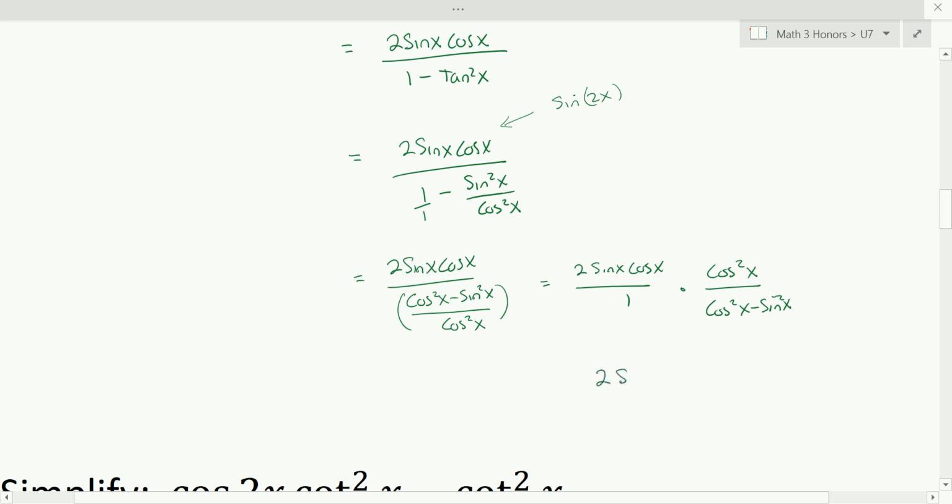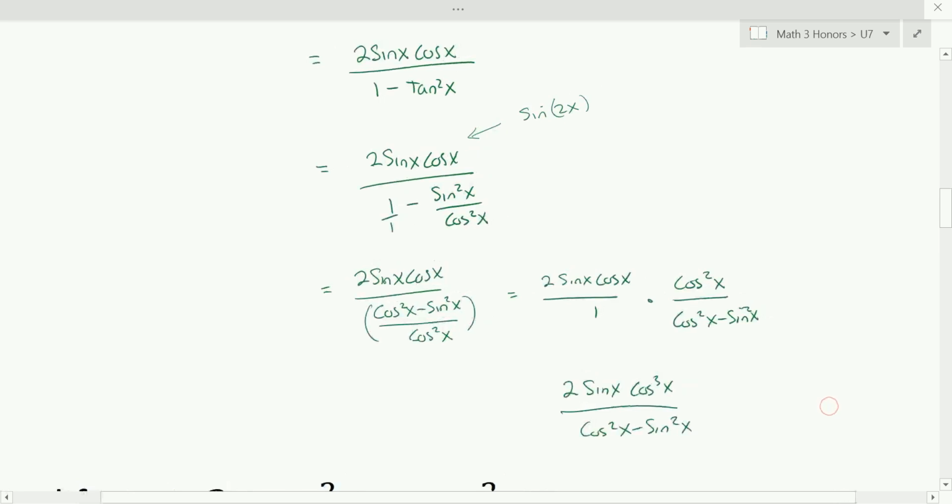And we got 2 sine x cosine cubed x over cosine squared x minus sine squared x. Any other ideas?